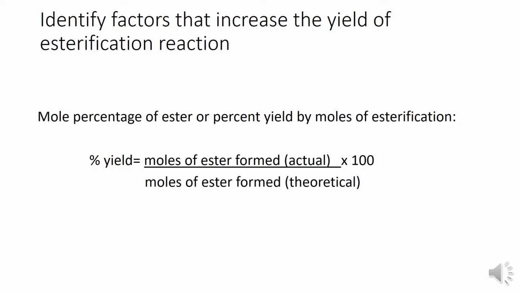First, we want to explain mole percentage of ester or percent yield by moles of esterification. The percentage yield of ester by mole is the moles of ester formed actual or obtained experimentally over the moles of ester formed theoretically times 100.